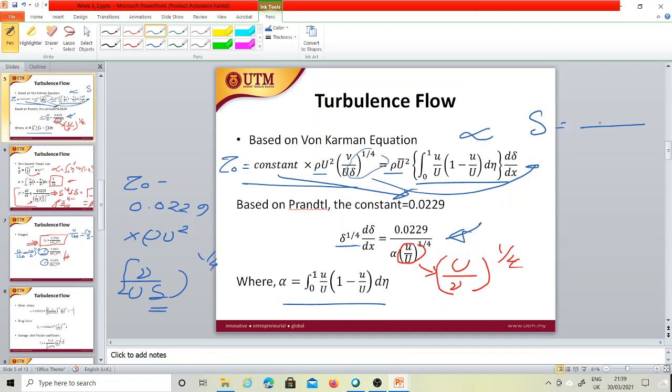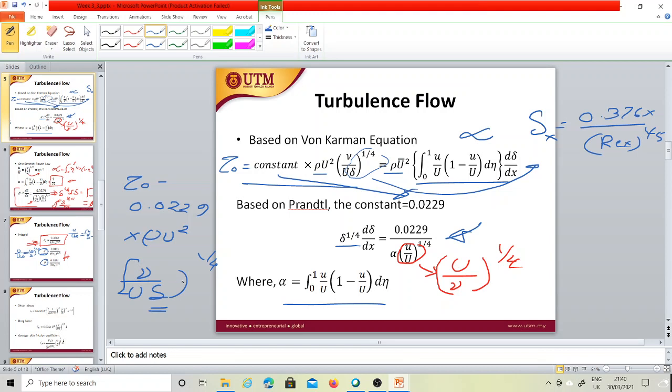So if you put in the value of delta, delta is actually 0.376x, Re_x to the power 1/5. If you put this here, you will get 1 over 0.376 to the power 1/4, and then some other expressions.